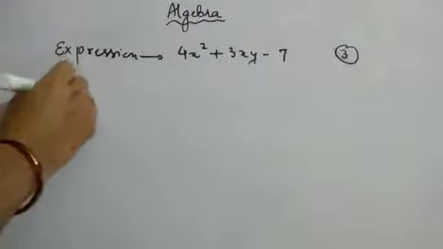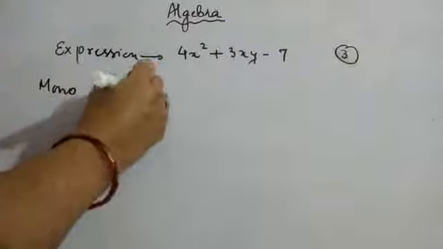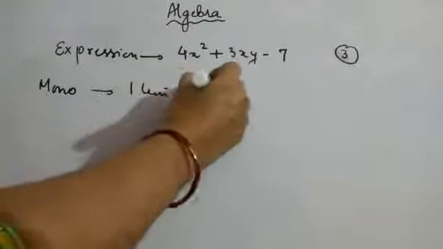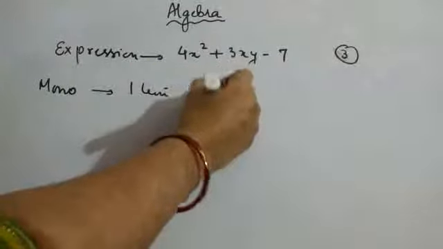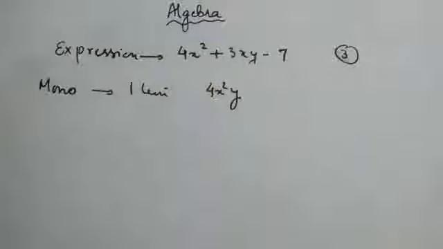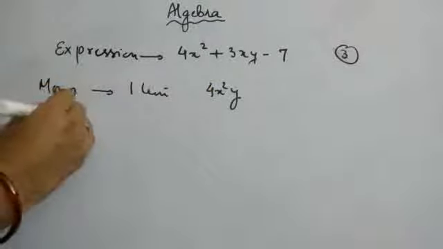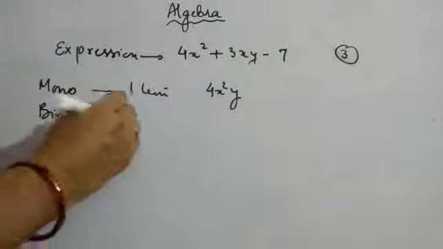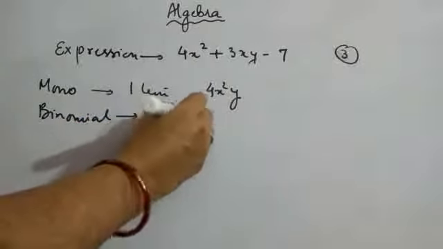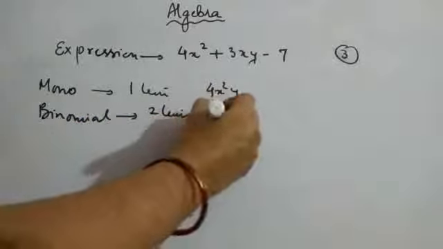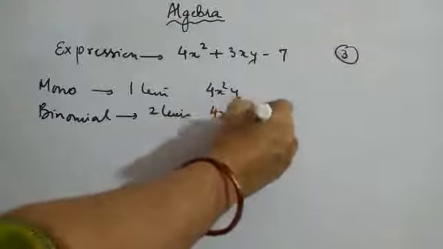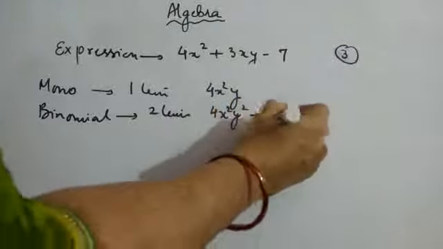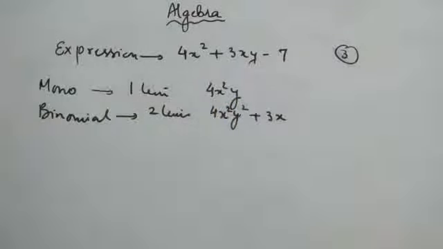Now what is a monomial? Monomial is having one term. For example, 4x square y. Binomial will have 2 terms. Suppose 4x square y square plus 3x. This is a binomial.